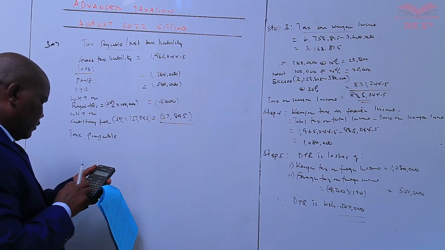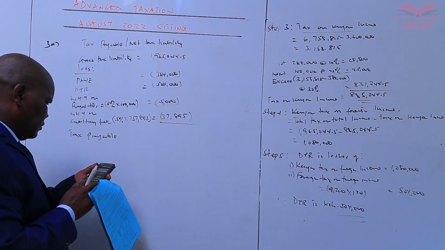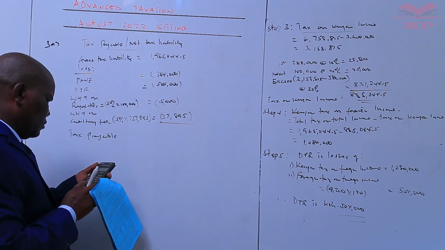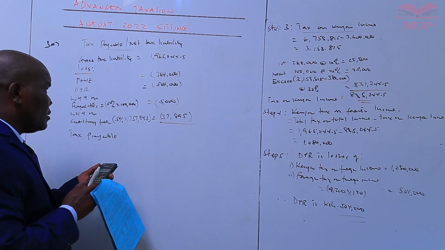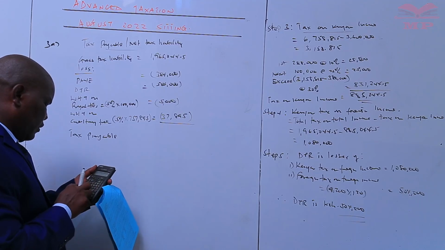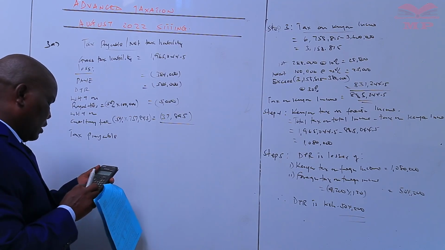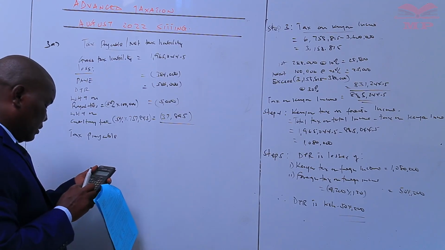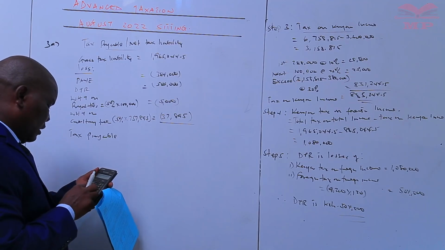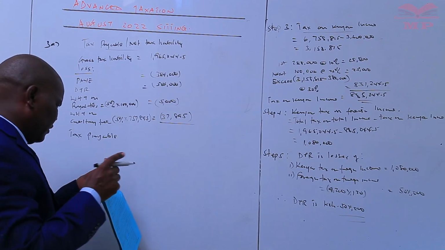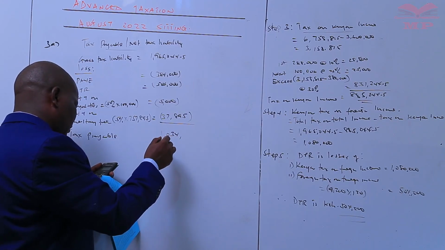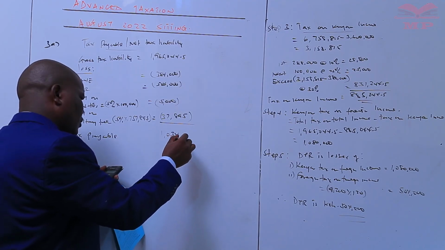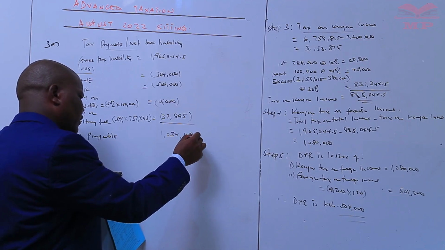1,965,044.5 less 384,000 less 504,000 less 5,000 less 37,895, and we have 1,034,149.5.